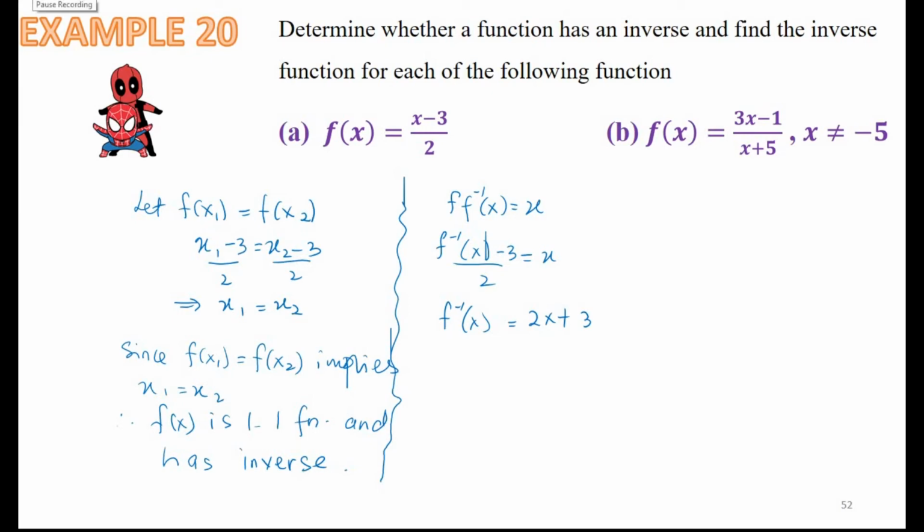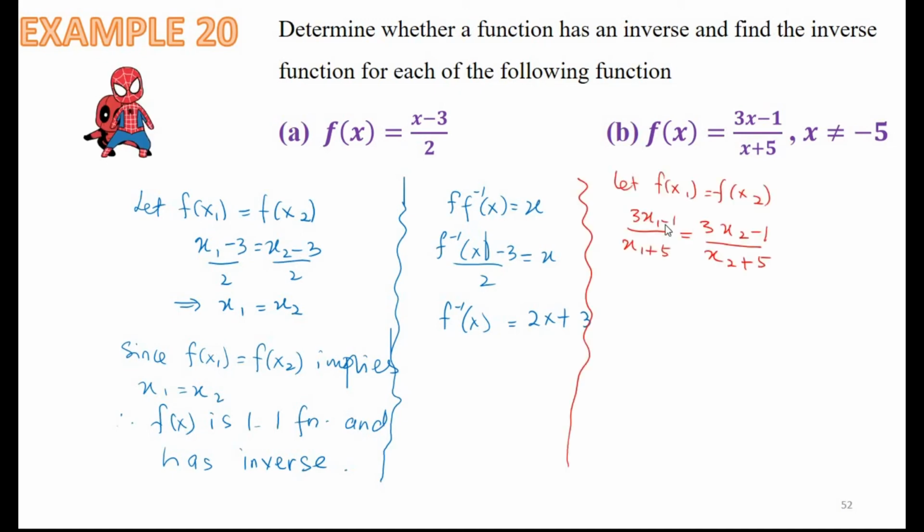To determine whether this function has an inverse or not, you have to determine whether it is 1-to-1 or not. Same as A, you have to let f of x1 equal to f of x2. So you will get 3x1 minus 1 over x1 plus 5 is equal to 3x2 minus 1 over x2 plus 5.